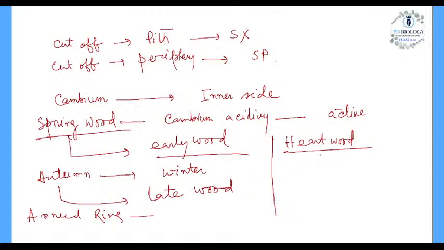In old trees, the color is dark because of the deposition of organic compounds. Why are they dark? Because they have organic compounds: tannin, resin, oil, gum, aromatic substances, essential oil. These are present in the dark color wood.